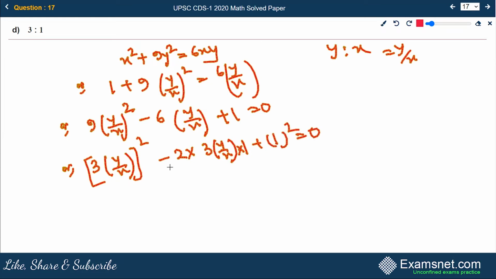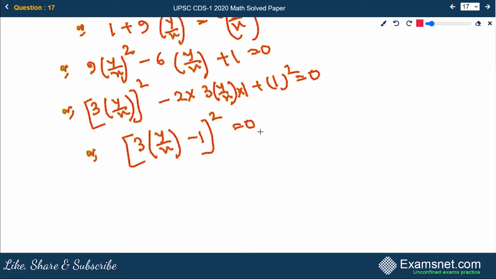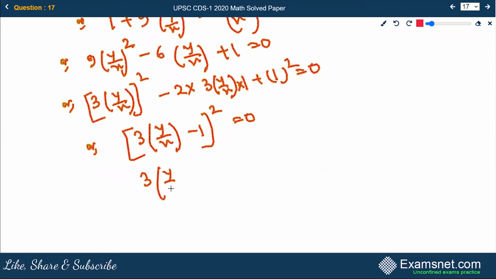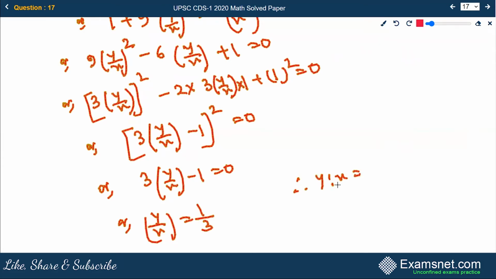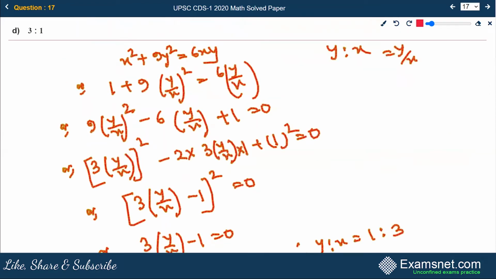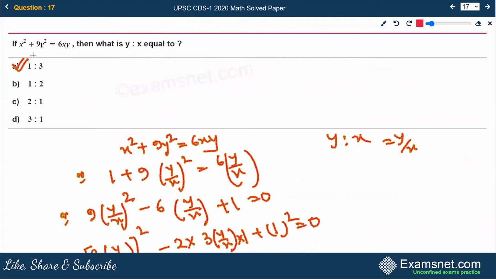So we can write it as a minus b whole square, that is (3y by x minus 1) whole square equals 0. Further, I will write 3y by x minus 1 equals 0. So y by x equals 1 by 3. Therefore, y is to x will give us 1 is to 3. Here 1 is to 3 is the answer. Option A is the answer here.